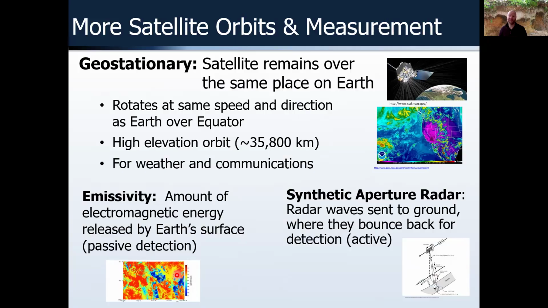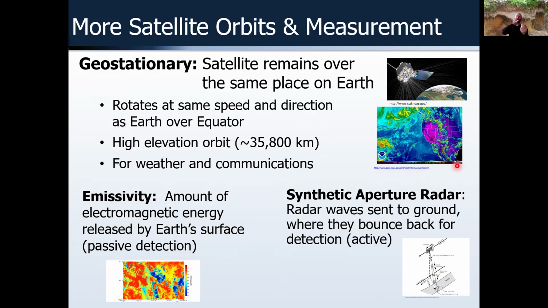So compare sun-synchronous orbits to geostationary orbits. These are very different in a couple major ways. So in this case, geostationary, kind of like it sounds, satellites remain over the same place on Earth. And so most all of our geostationary satellites literally are directly above the equator.